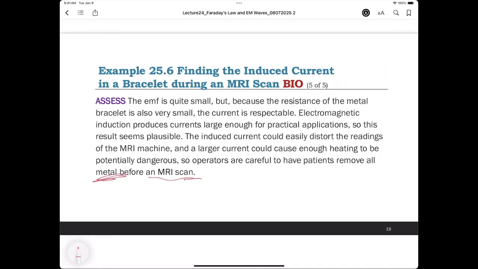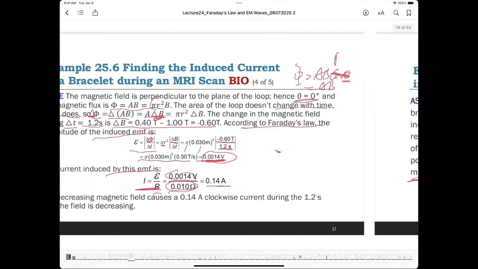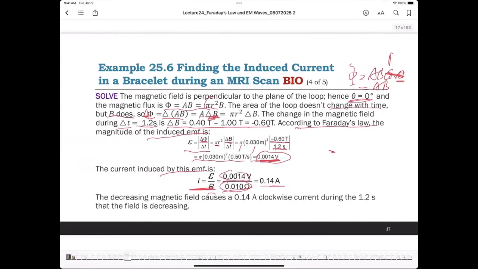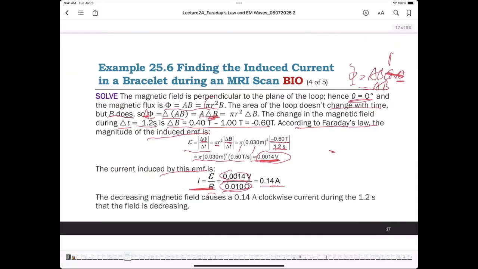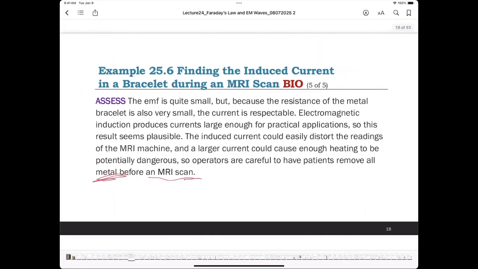Otherwise it could be very dangerous, because if there is metal, the resistance will be smaller, and then the current will be bigger. It might harm your body. So pay attention to that, and be careful when you or your family do an MRI scan.